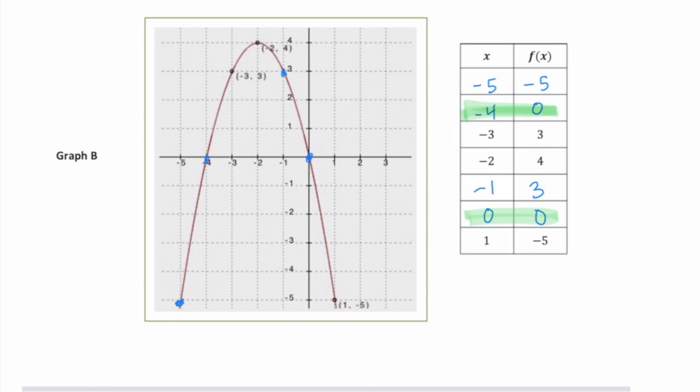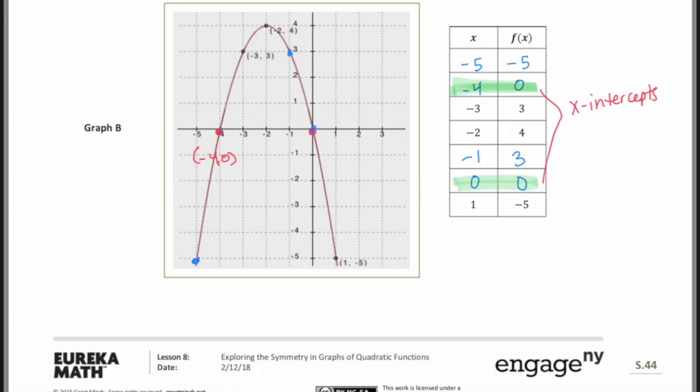So I have 2 x-intercepts, and one of those x-intercepts also happens to be the y-intercept. And I'm talking, of course, about the origin there. It crosses both the x and the y-axis. So even though I'm labeling here x-intercept, you know it's also considered the y-intercept. The graph doesn't really cross the y-axis at any other point other than the origin as well.